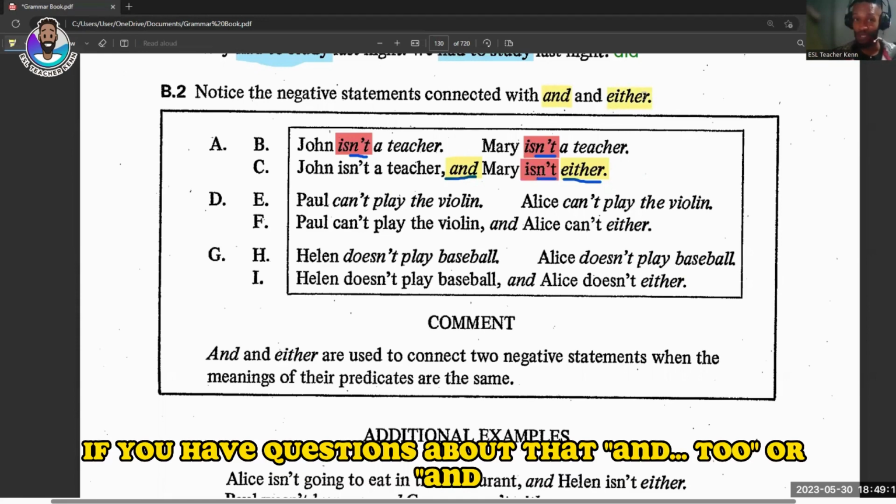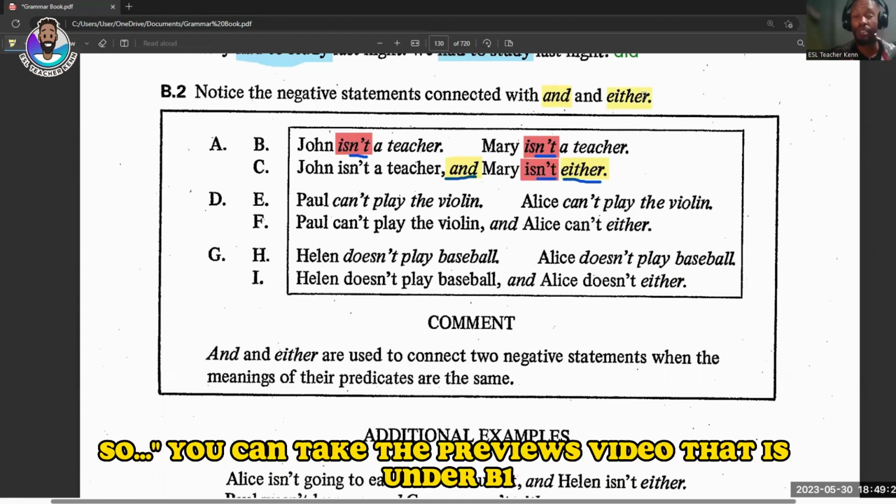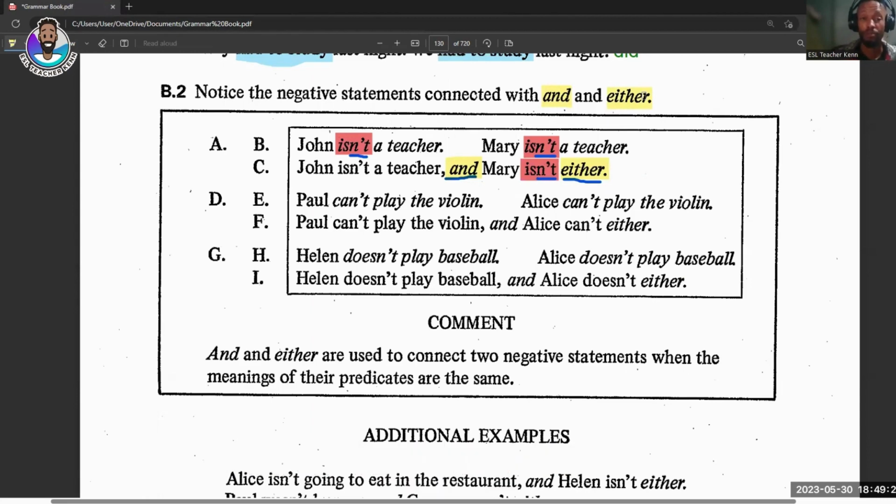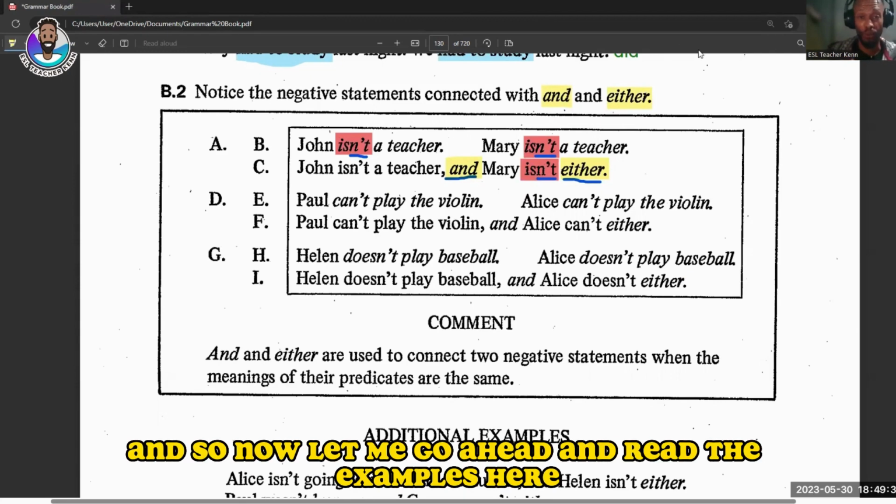If you have questions about that, and too or and so, you can check the previous video that is under B1, the other intermediate video, intermediate level, sorry. That one is for too and so.